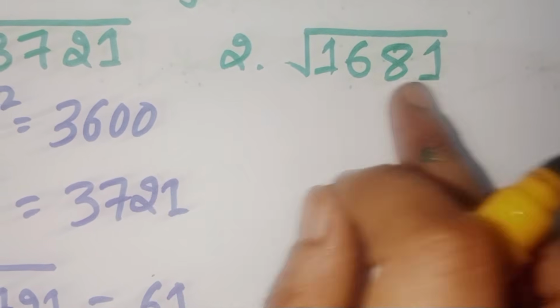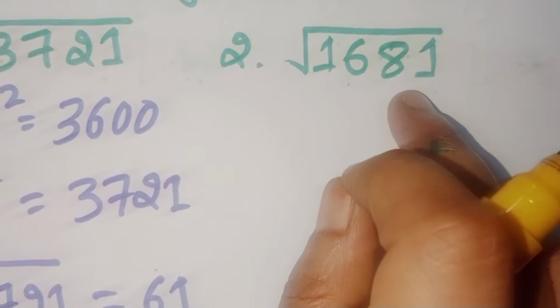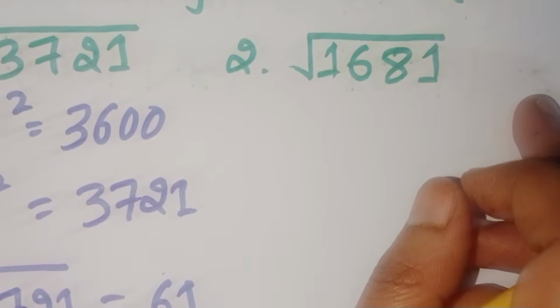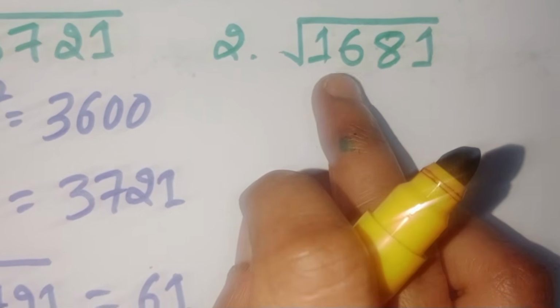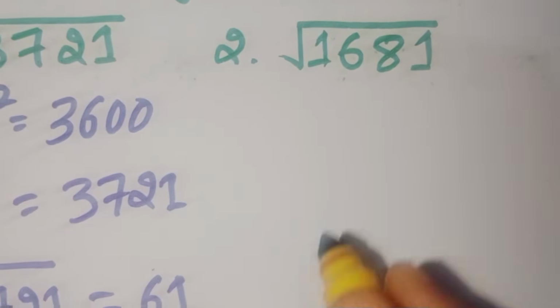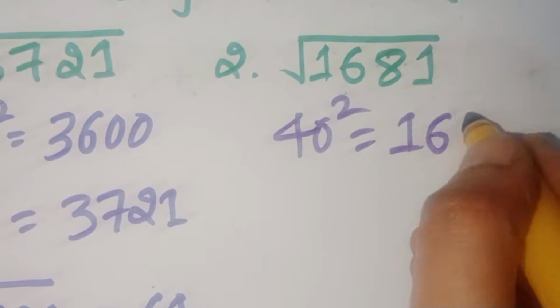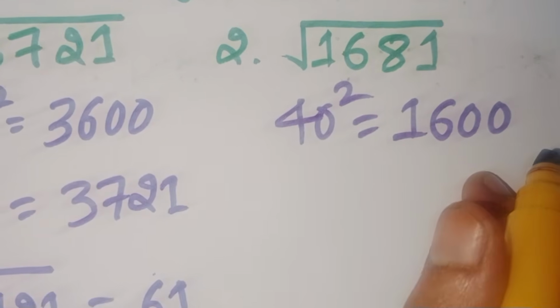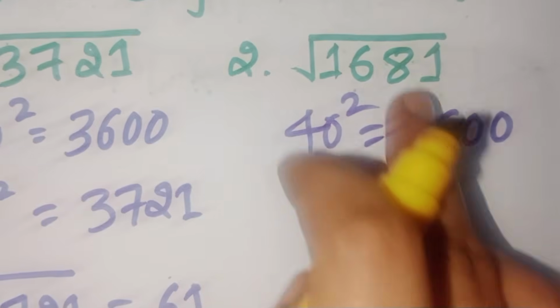Example 2. Square root of 1681. Last digit is 1. The square root ends in 1 or 9. We know the answer is around 40 because 40 square is 1600. So the root is slightly more than 40.